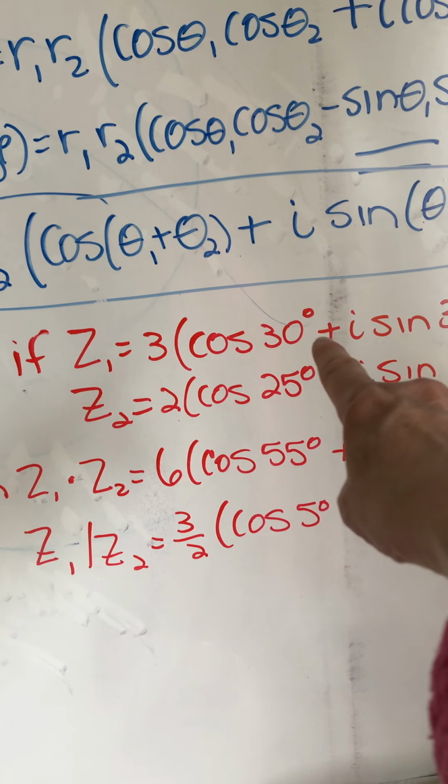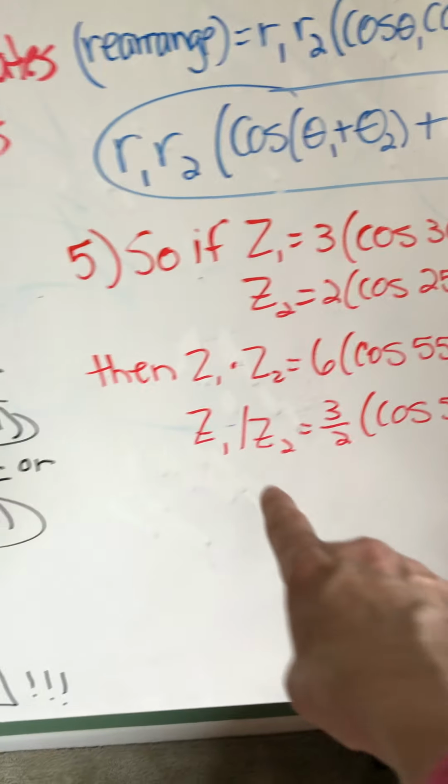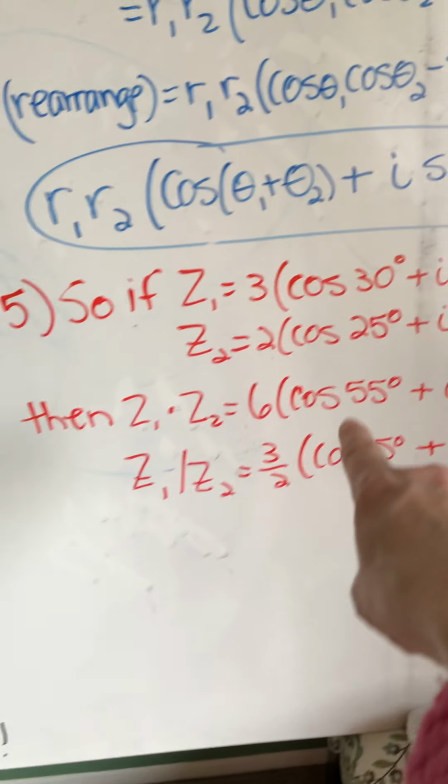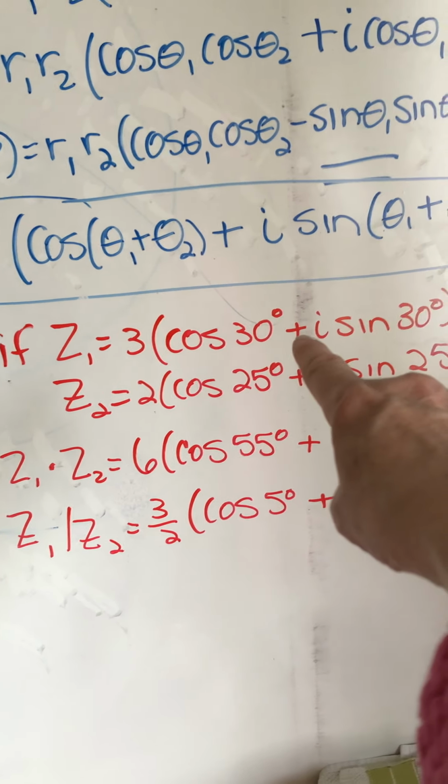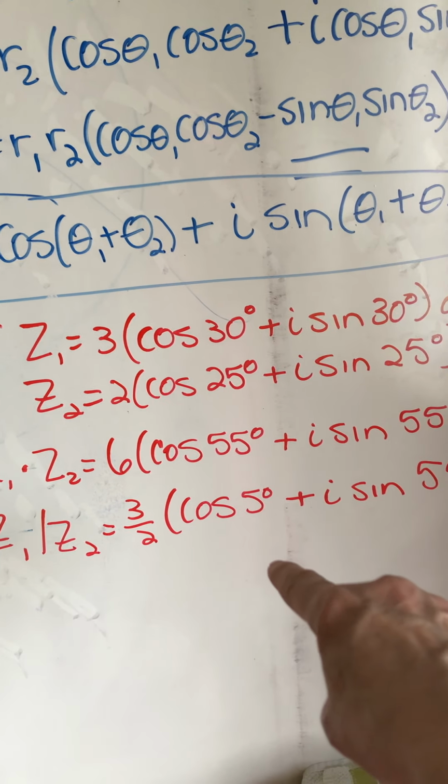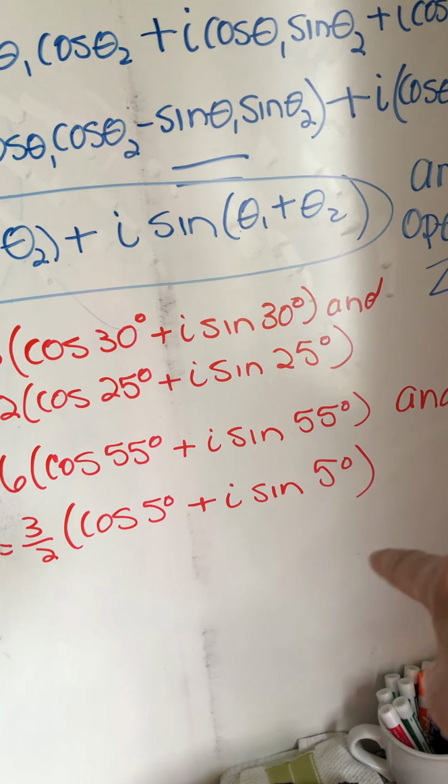And just add the angles. 30 plus 25 is 55. There we go. If you want to divide these two complex numbers, divide the moduli, 3 divided by 2, and subtract the angles. 30 minus 25 is 5.